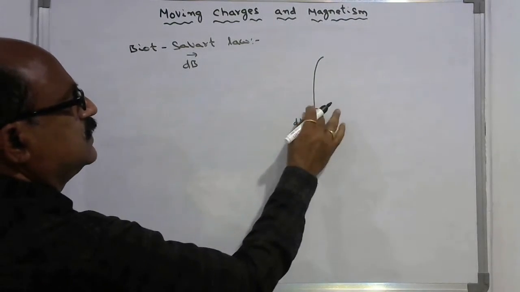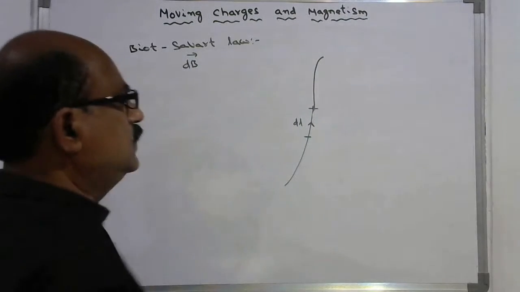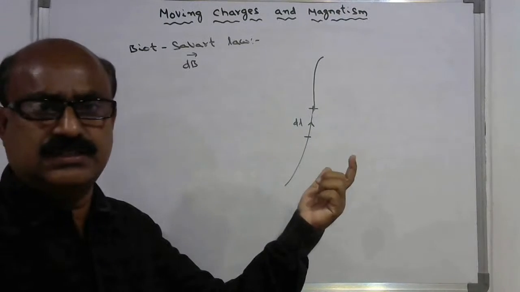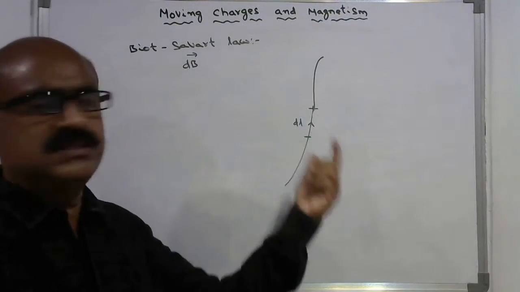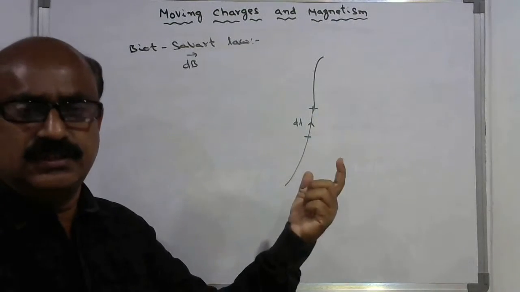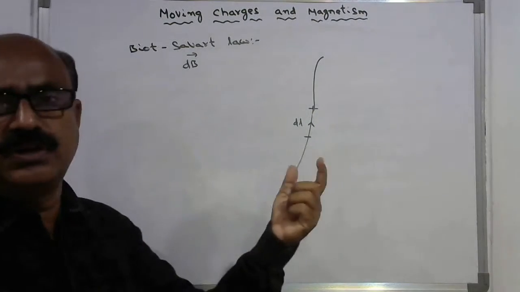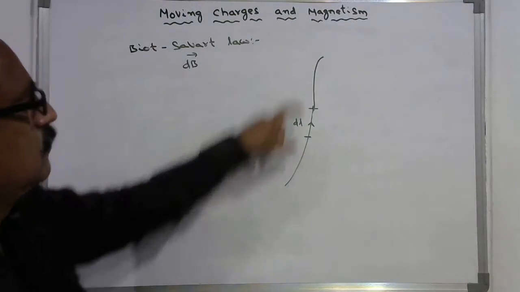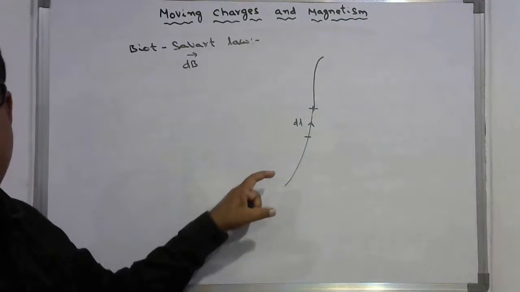A charge has to flow, it has to move with certain velocity, so it has to travel some distance. That is why we have to consider a small element dl. Such dls are combined to form a long wire.